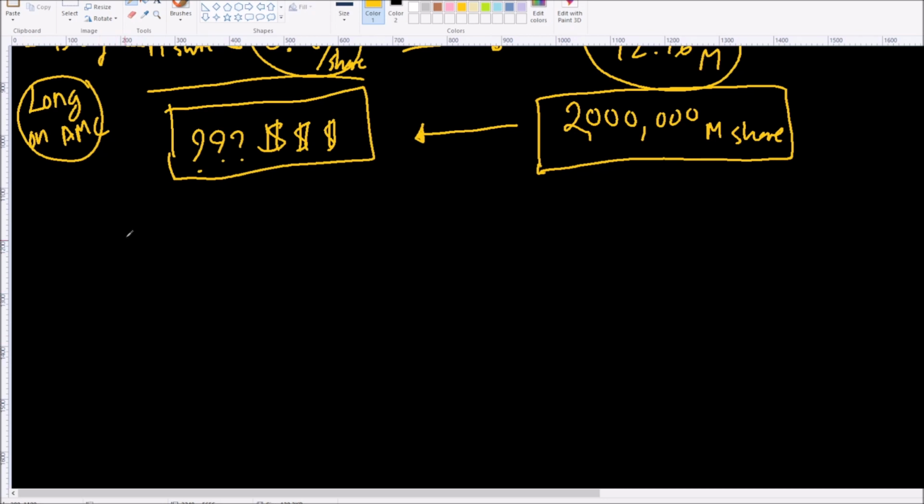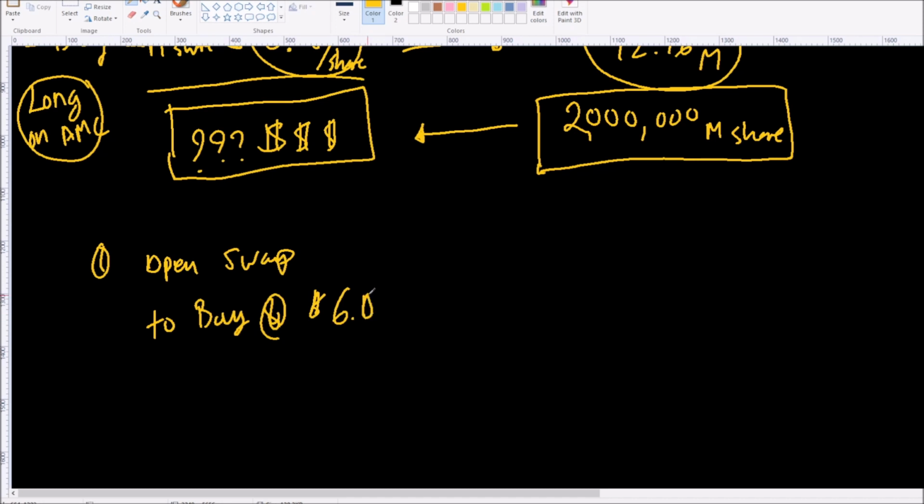So, first, they open the contract or swap to buy at 6.8 per share, okay? But then later on, step 2, they close a portion of the swap, partial.